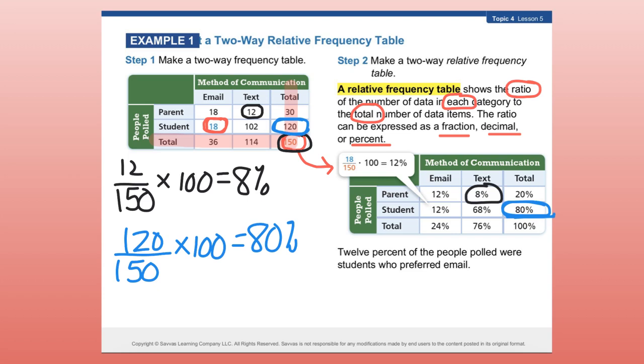We have 36 total emails out of 150 total people, times 100 to make a percent, and that's 24%, and that goes right there. And they did that for every single cell to make a relative frequency table. By doing that, they were able to answer their question, which was what percent of people polled were students who prefer email? Well, students who prefer email is 12%.